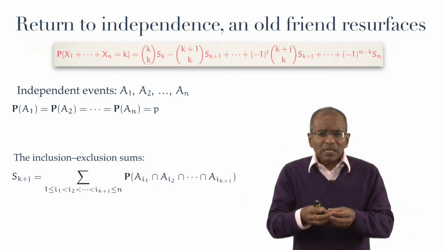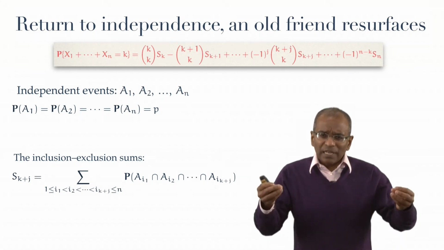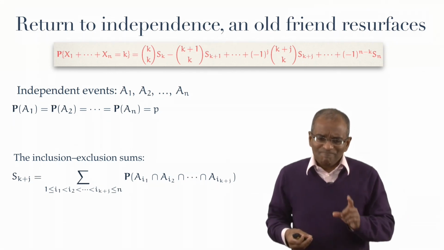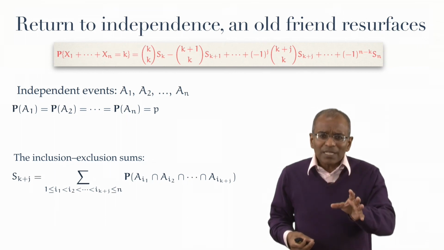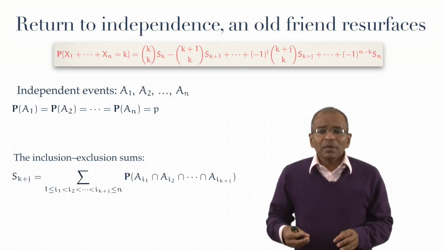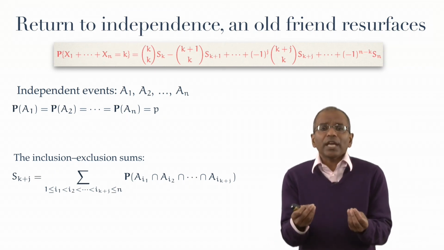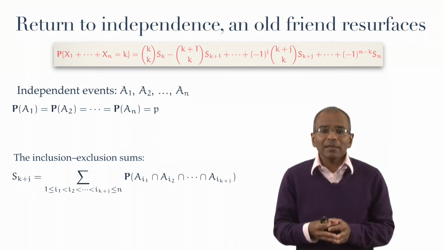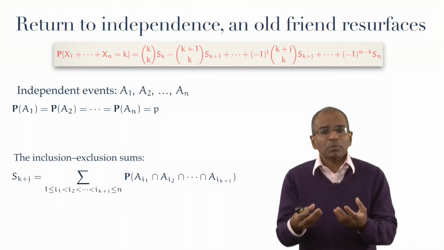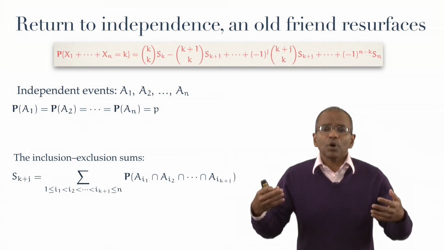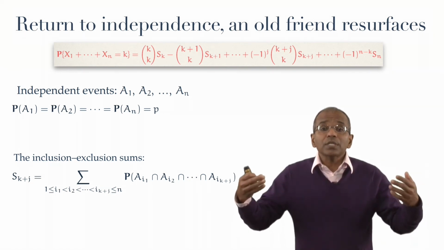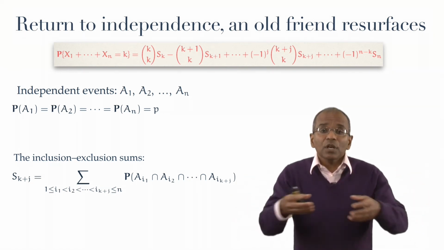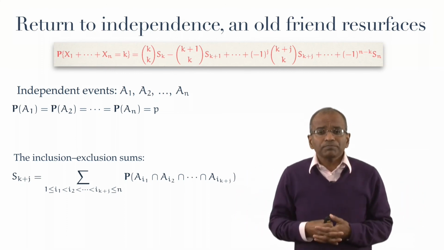Well, the formulation is admittedly formidable. But in words, it's quite simple to describe. Pick any k plus j of the events A1 through AN, look at the intersection, compute the probability, and sum such probabilities over all choices of k plus j events from the collection.